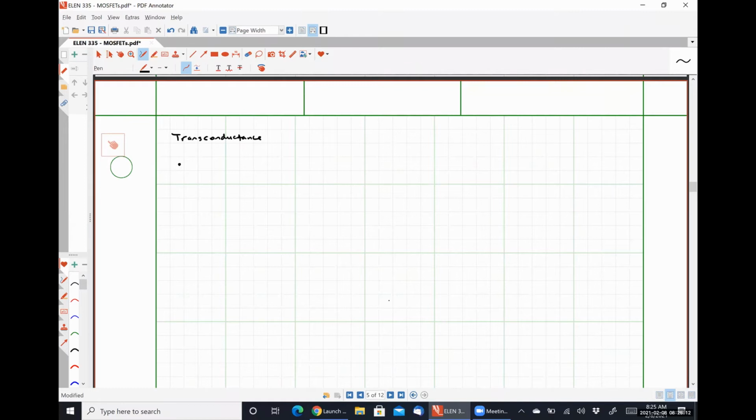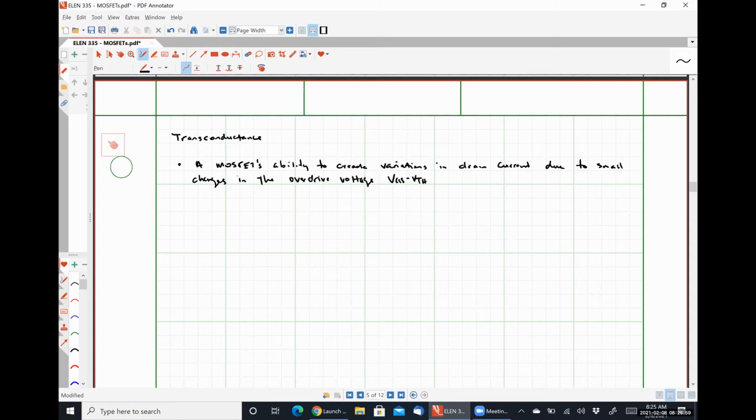So transconductance is defined as a MOSFET's ability to create variations in drain current due to small changes in the overdrive voltage VGS minus VTH.